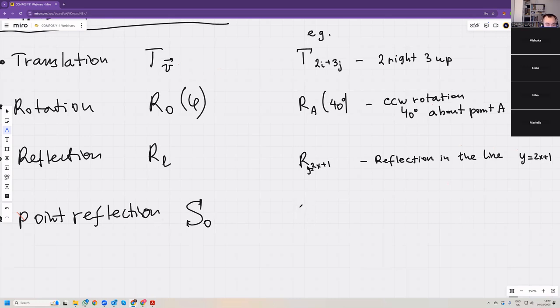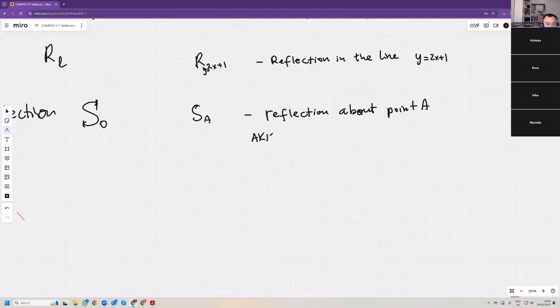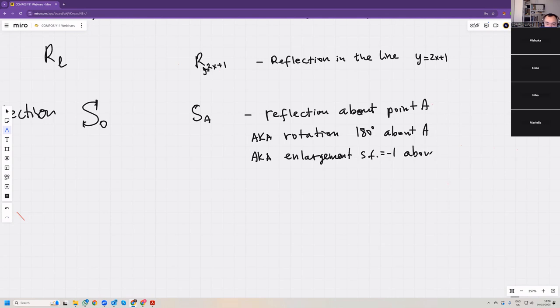And point reflection, so S_A, for example, it's a reflection about point A. It's the same as, aka, rotation 180 degrees about A, and it's the same as enlargement scale factor -1 about A.